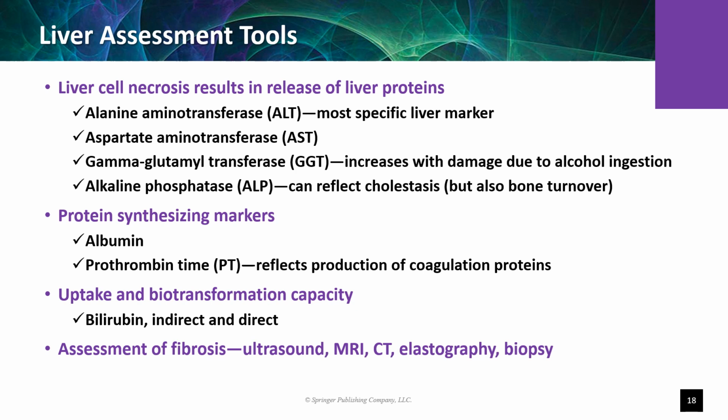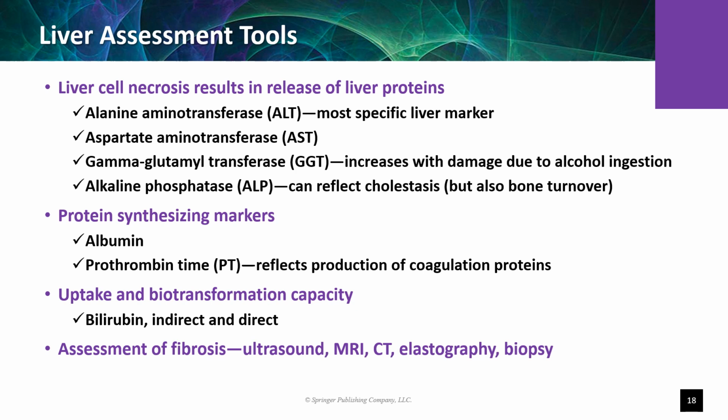As hepatocytes are damaged, enzymes of liver function are released into systemic circulation, allowing for quantification of the increased amounts in the serum. The elevation of these enzymes is a marker for hepatocyte damage or death.